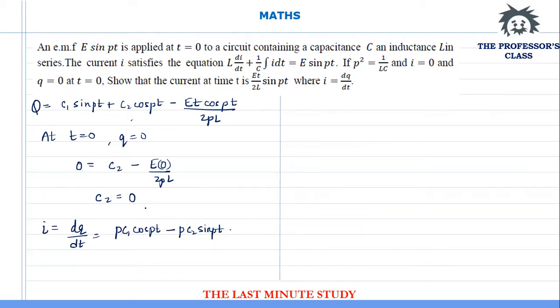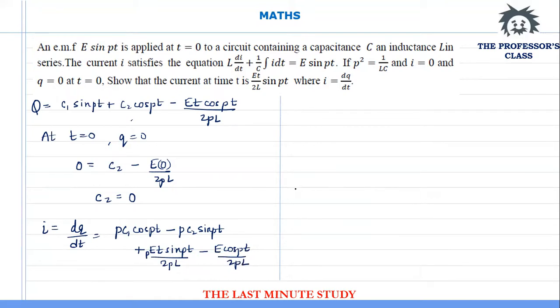Now this I'll be doing by the chain rule. First of all, I'll keep the t as it is, so I'll get plus Et sin PT by 2PL, and over here P will be multiplied. And in the next case, I'll keep the cos constant, so I'll get minus E cos PT by 2PL.